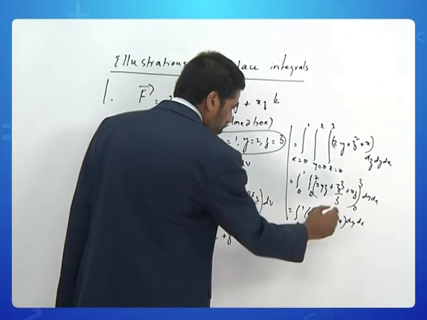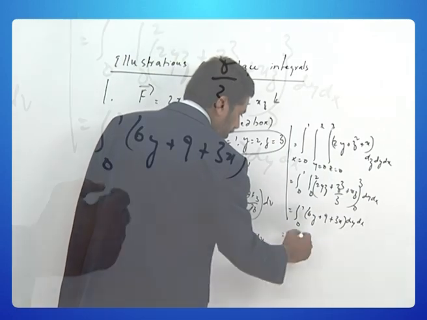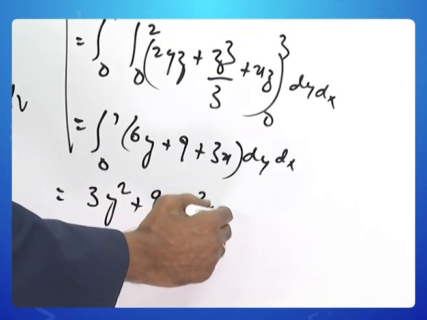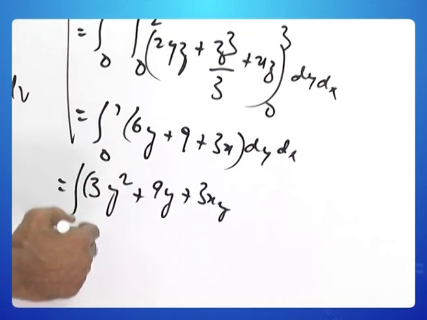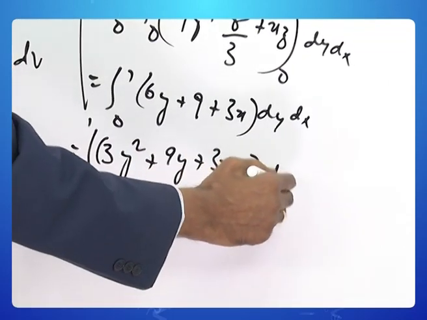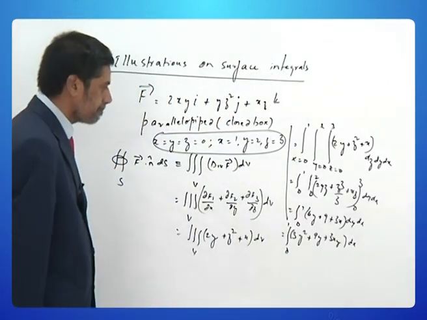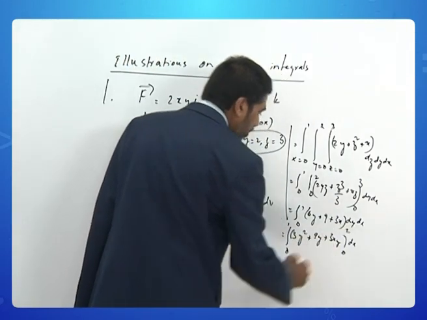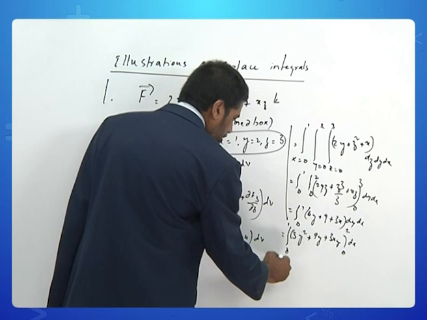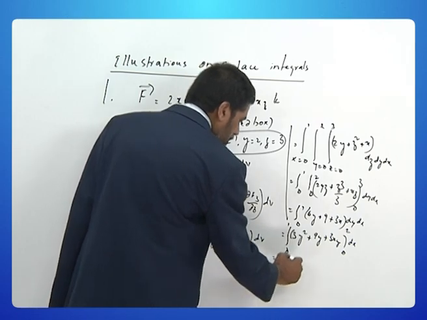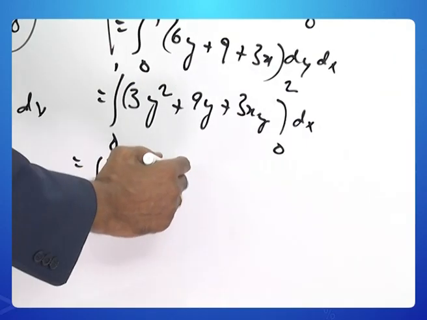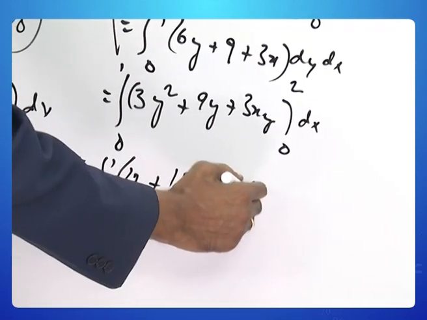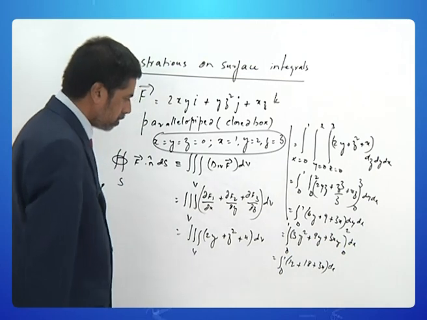When you integrate this with respect to y, you will get 3y squared plus 9y plus 3xy from 0 to 1 dx. Of course, 0 to 2 will have to be applied for the variable y. So we get 0 to 1, 12 plus 18 plus 3x dx.